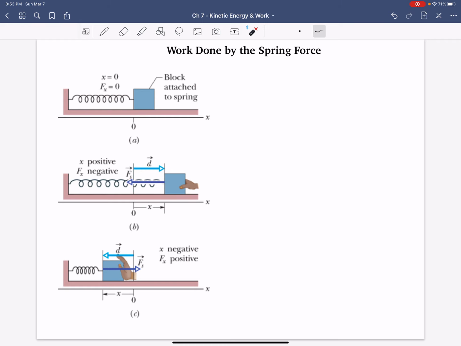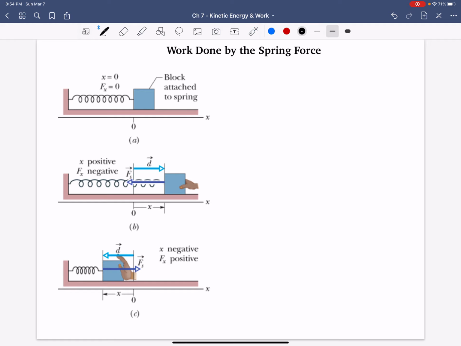They're in opposite directions. In the last picture, it's the opposite. The spring is compressed, so the displacement is leftward, but the spring wants to push the block back towards its equilibrium position. So again, it's still opposite. In picture B, the displacement is positive and the spring force is negative. In picture C, the displacement is negative and the spring force is positive.